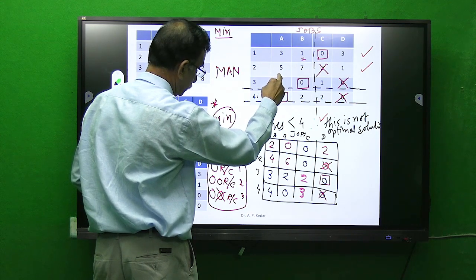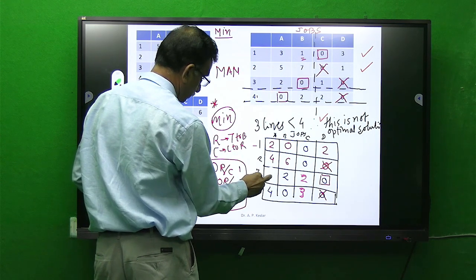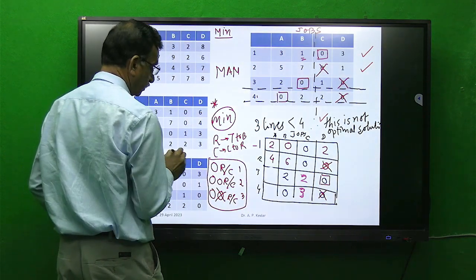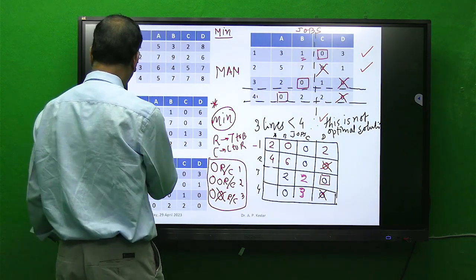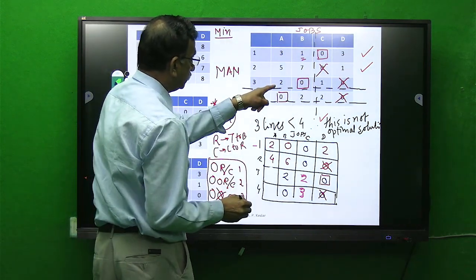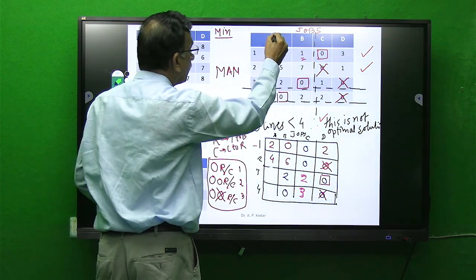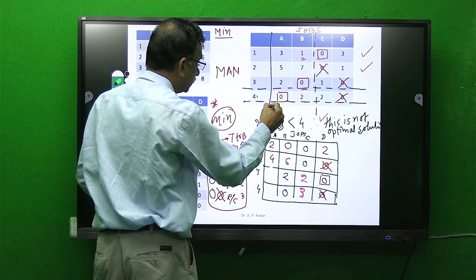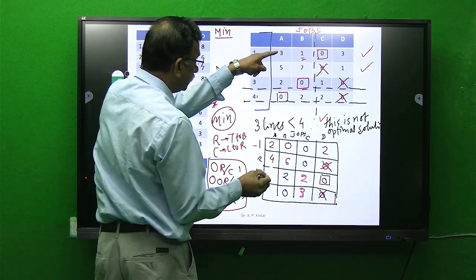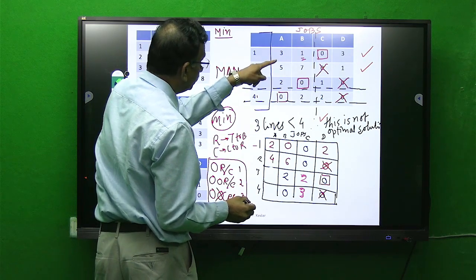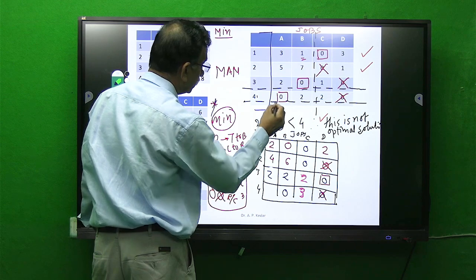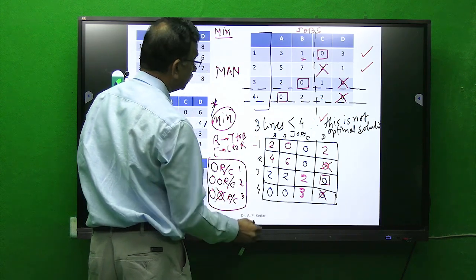3, 4, 2. It is 2 and it is 0. So the values where this part is representing man. So 3 becomes 2, 5 becomes 4, 2 as it is and 0 as it is.